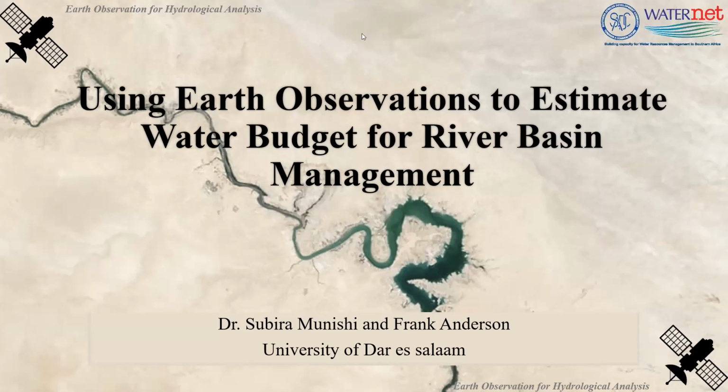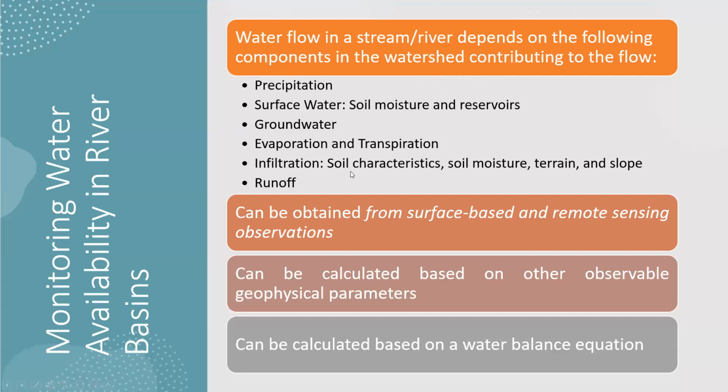So we will take you today through two major sessions. We'll introduce the satellite images that we are most likely to be using in estimating the water budget. But we'll also take you through the downloading process so that you'll be able to download it yourself, get to know different sites where you can do that.